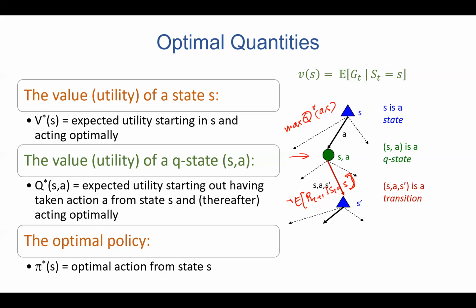By the way, star means basically the optimal policy that we have, the best possible action that we can do. And then V star is the expected utility starting in s. So V basically is the state value function, and Q of s, a is the action value function. And we're going to try to understand in much more detail how these quantities are calculated when we expand the tree like this.